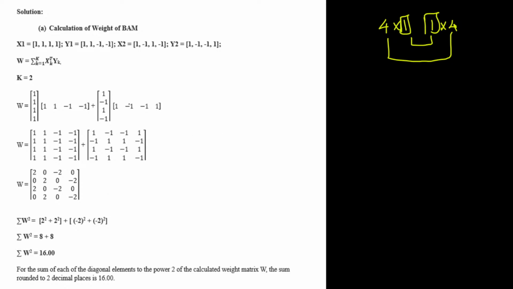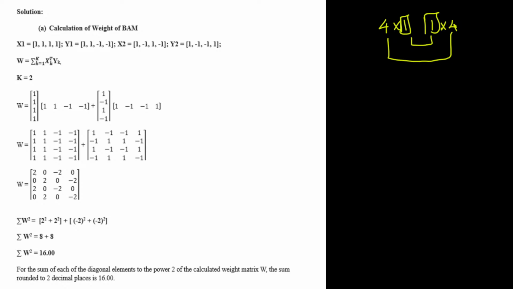Okay, now we have to add them. When we add the matrices, we have to add the corresponding locations. Like if it's the 1 1 location, you see 1 and 1, 2. 1 plus minus 1 is 0, minus 1 minus 1 is minus 2. Like that we add them, and this is our weight matrix. Now once we have the weight matrix, we have to square the diagonal.